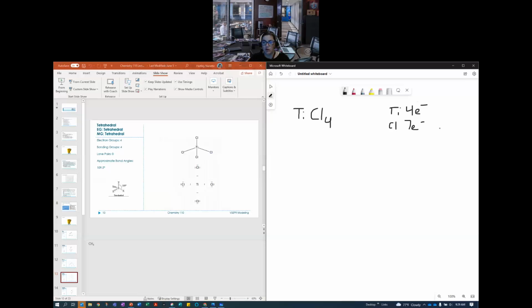That is then going to give, and there are 4 of them. 7 times 4 is 28. Add the 4 to that, that gives me 32. Put Ti in the center. Cl, Cl, Cl, Cl. My C's don't look very good today.